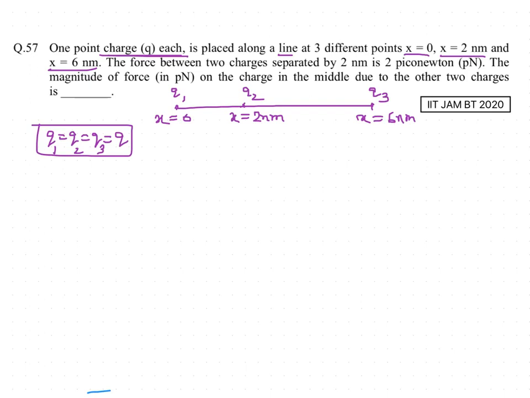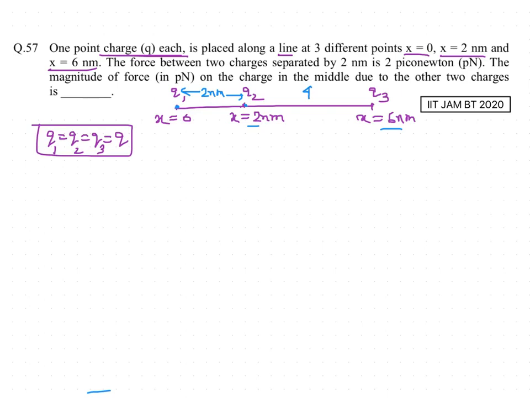Now let us first calculate the distance between each charge. This is x equals 0 and this is x equals 2 nanometer. So the distance between Q1 and Q2 is 2 nanometer, right? And the distance between Q2 and Q3 is 6 minus 2, that is 4 nanometer, right?